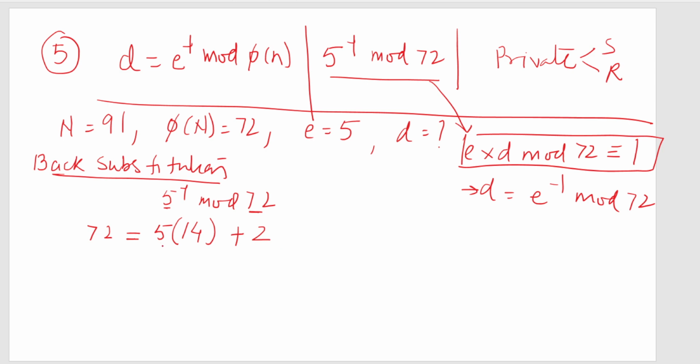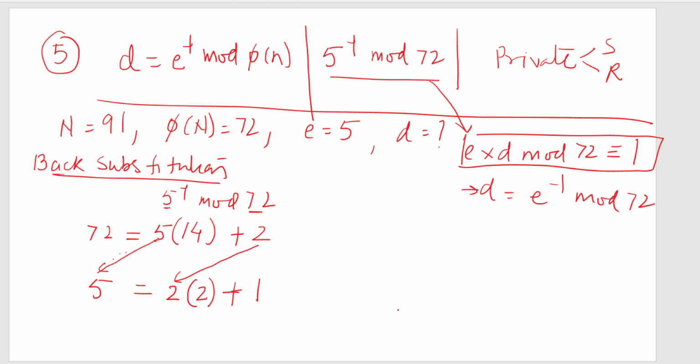Now we shift the 5 to the left side of the equation. So this becomes 5 equals 2 times 2, which is 4, plus 1.